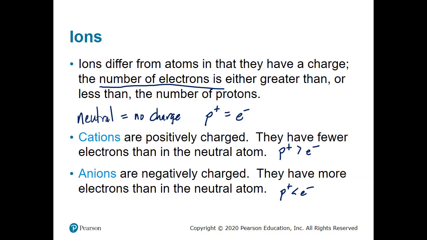If there are 79 electrons to match the 79 protons, then it's neutral. It has no charge. But if there are only 76 electrons for those 79 protons, I'm going to end up having a positive charge. In that case, I have a positive 3 charge because there are 3 more protons, 79, versus electrons, 76.